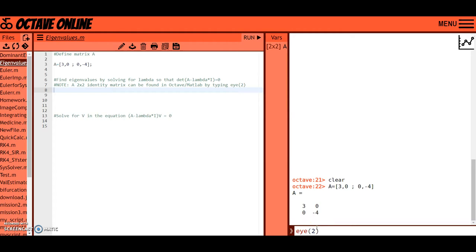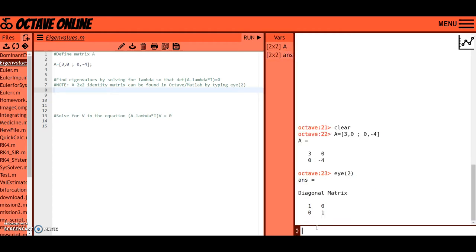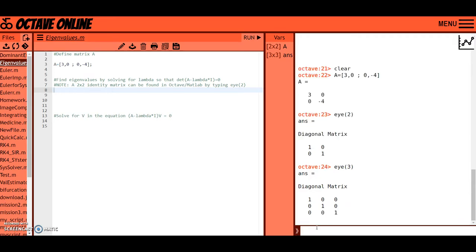That just says create the identity matrix 2x2. The reason it's called eye, like eyeball, is just because we don't want to use the capital letter I. It's just easier to call it something else. So anyway, eye(2) will produce the 2x2. eye(3) will produce what we call the 3x3 identity matrix, and so on and so forth. Just a simple little feature that makes it quick to run these things.